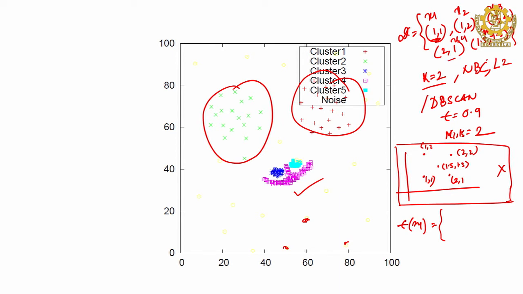And the distance from x1 to x5? Not 1, I am not taking L1, it is L2 distance. Square root of 0.5, that is root 2 over 2.